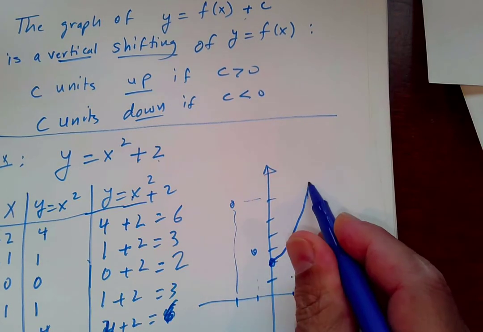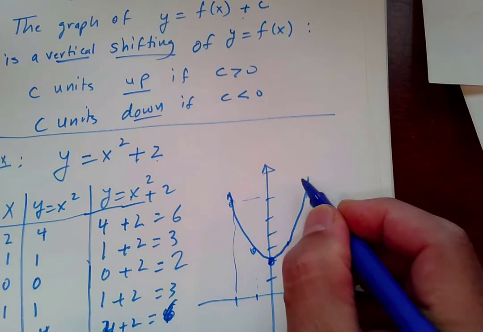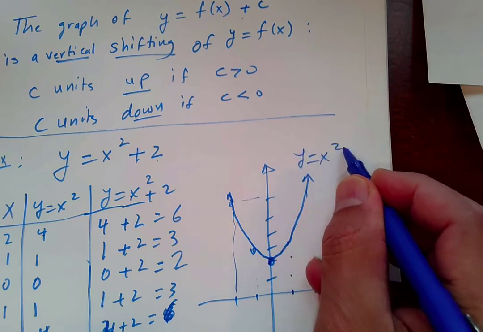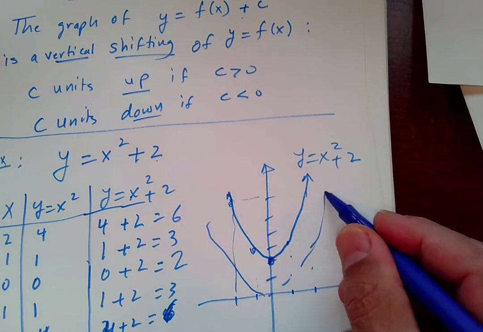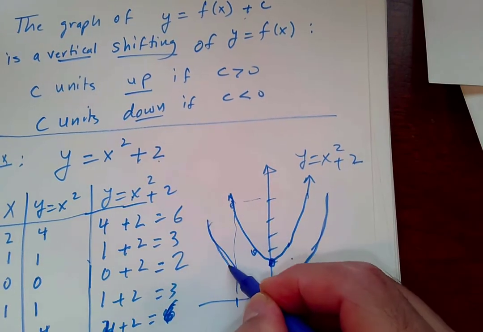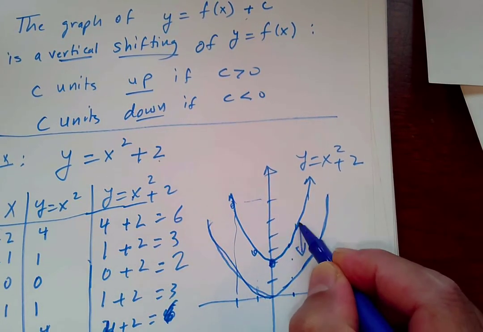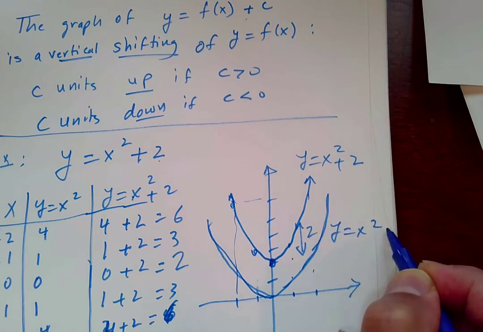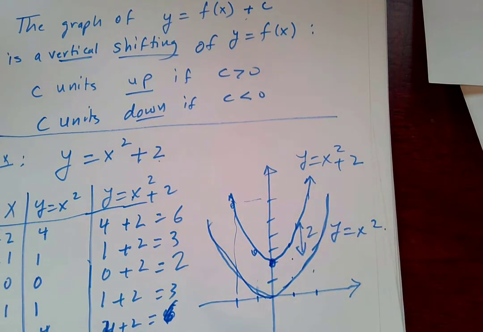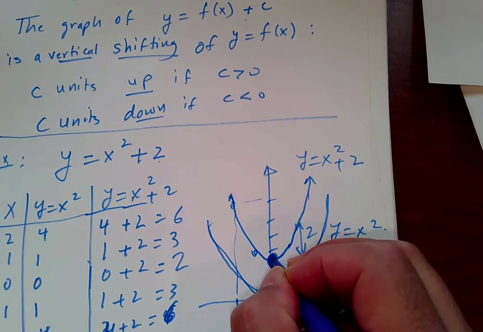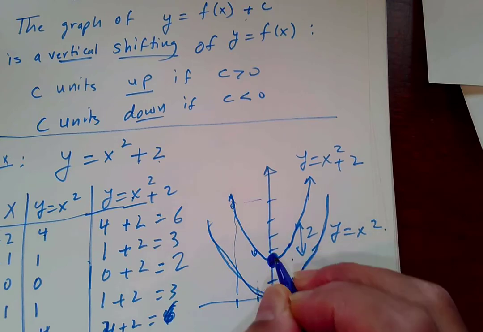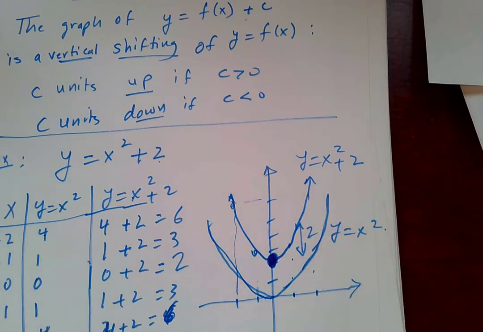So it's like you took the basic graph and you shifted it 2 units up. This is the basic graph, y equals x squared, and this is shifted 2 units up. And if it was -2, then it would be pulled 2 units down. So you always have to watch out for the vertex, this point. You always want to know where this point ends up.